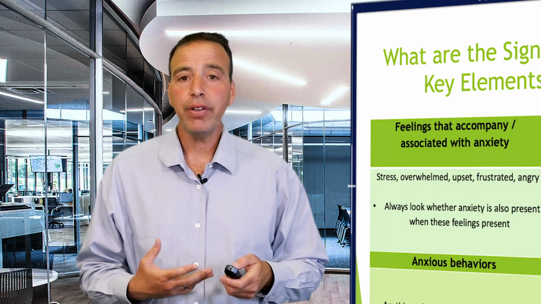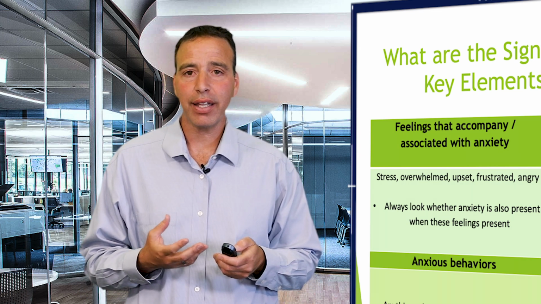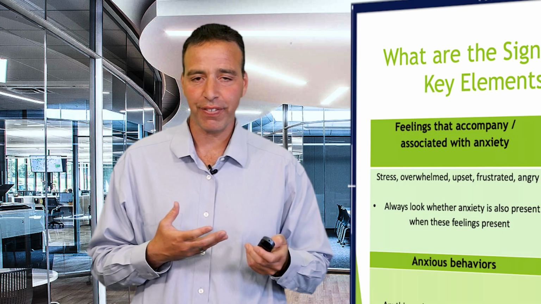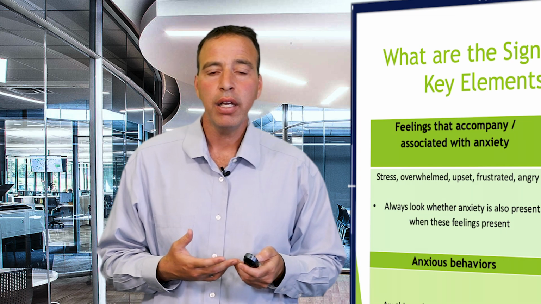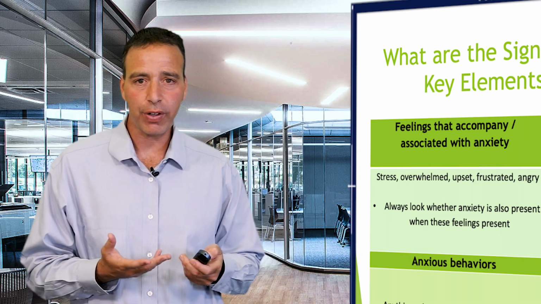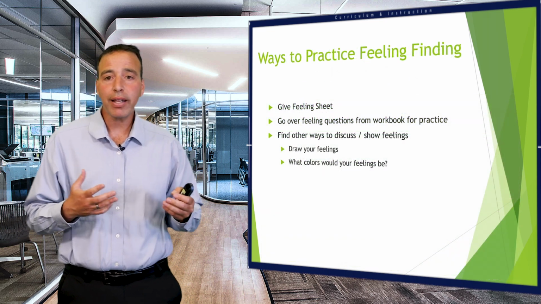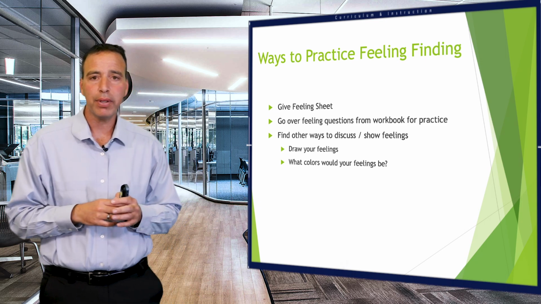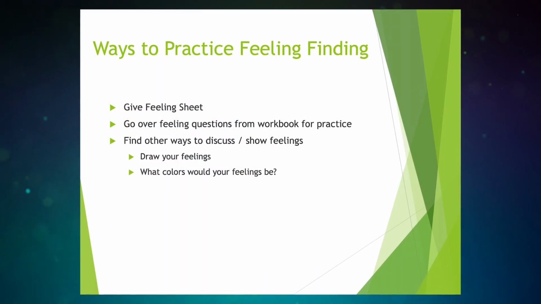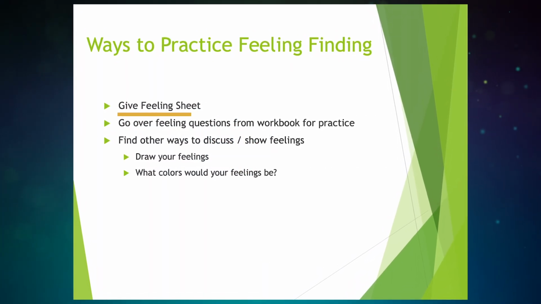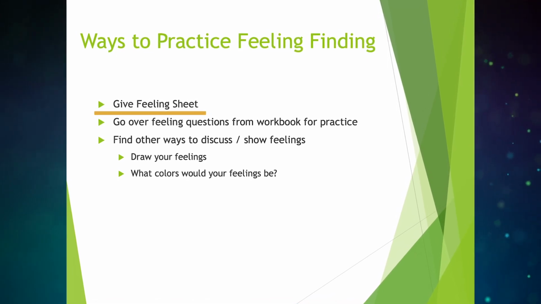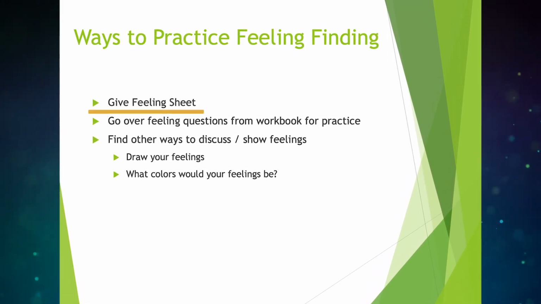So after you've talked to your kids about how we recognize our feelings and make them aware, because these are skills, folks, remember you want to help them practice. There are some ways to practice. One thing I like to do is print out a sheet of feelings, or you can ask your school counselor and they can give you one.